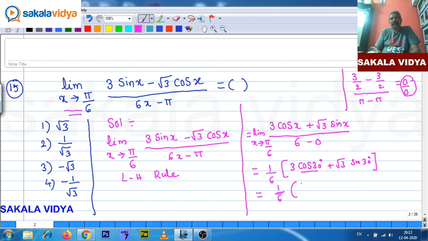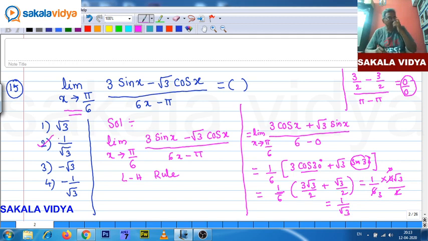Cos 30 is root 3 by 2, so 3 root 3 by 2, plus sin 30 is 1 by 2, that is root 3 by 2. This will be 1 by 6 into 4 root 3 by 2. 2 twos are 4 and 2 threes are 6. So this will be root 3 by 3, meaning 1 by root 3. So second option is the right option.